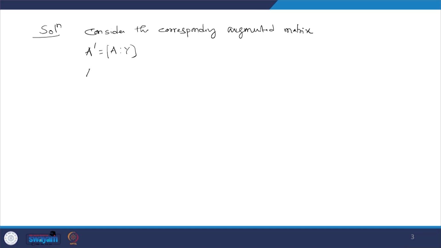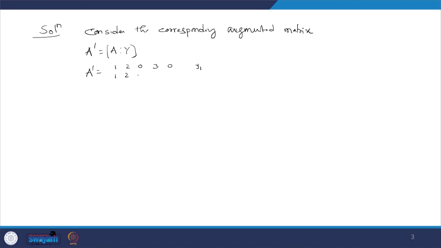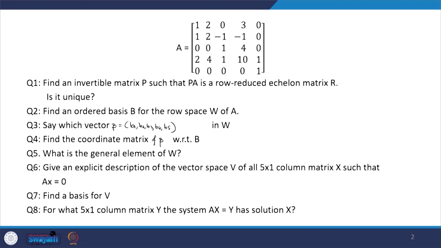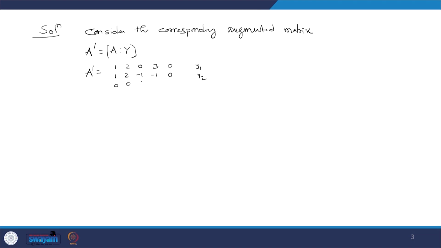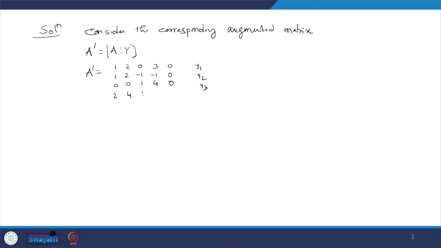So, I can write down this A prime as: 1 2 0 3 0 and y1; 1 2 minus 1 0 0 and y2; 0 0 1 4 0 and y3; 2 4 1 10 1 and y4; and the last one 0 0 0 0 1 and y5.